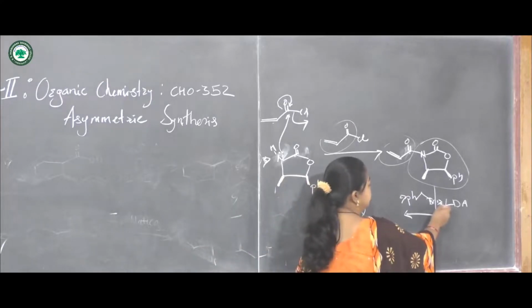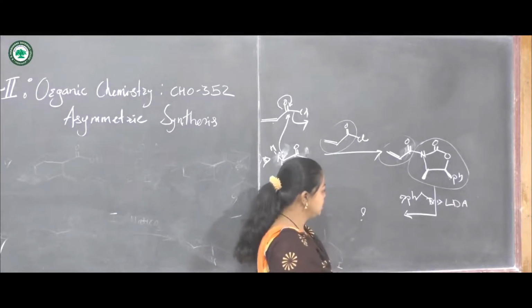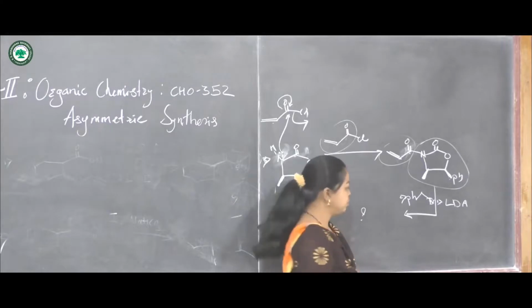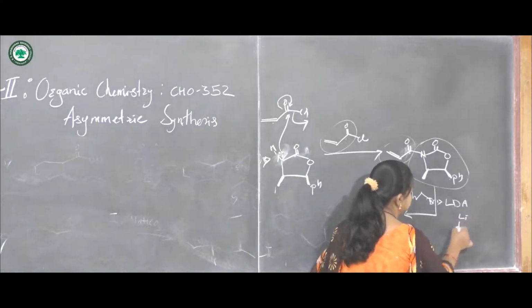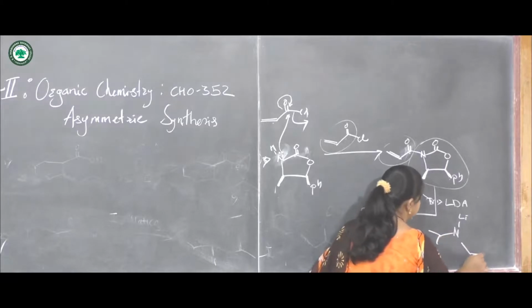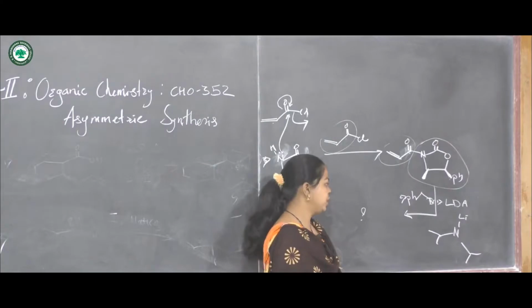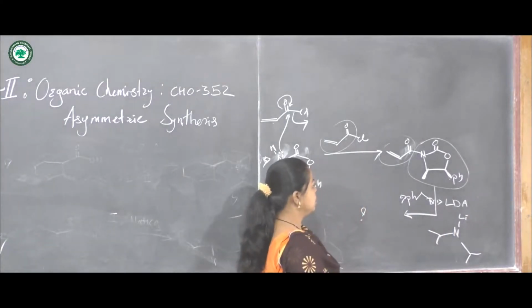Now in the second step, the first reagent is given. It is the LDA. LDA is lithium diisopropyl amide, which is a strong base. We have already studied it a number of times. This is the structure of LDA, an ionic compound, bulky and a very strong base.